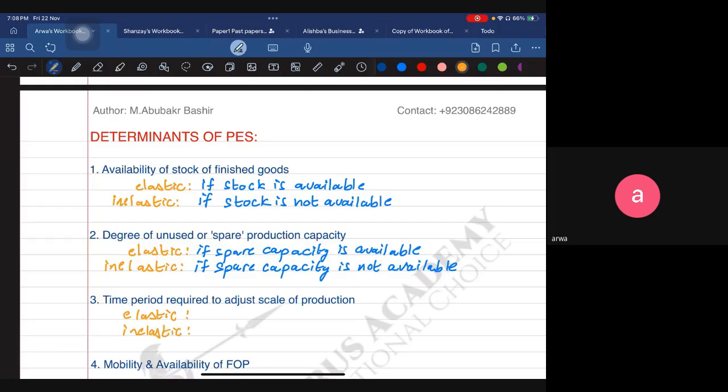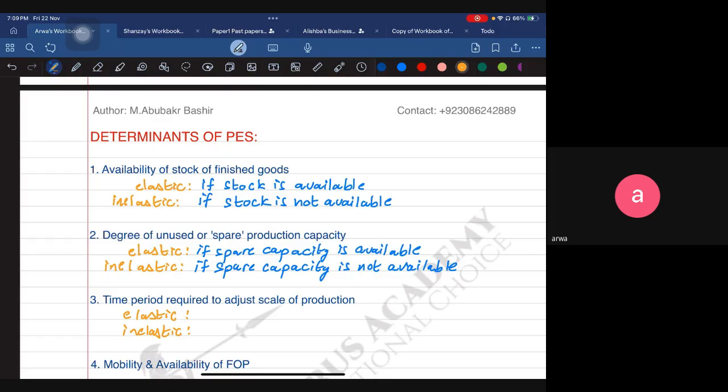Okay, next, time period required to adjust scale of production. This I don't really understand. What do you mean by adjusting the scale of production? It means whether they have the time to increase the scale where they are producing the good, or they don't have it.